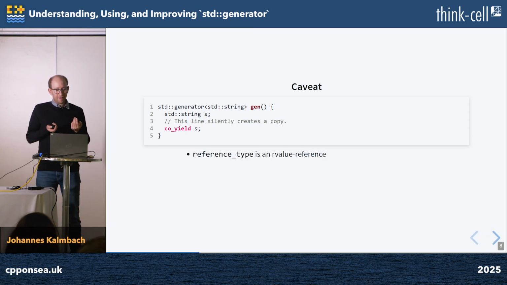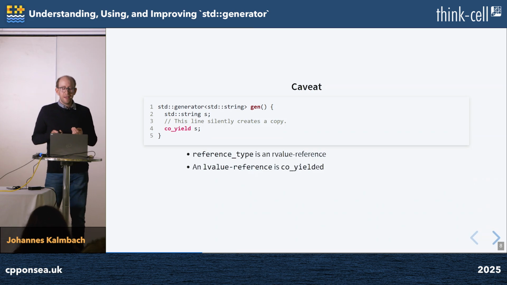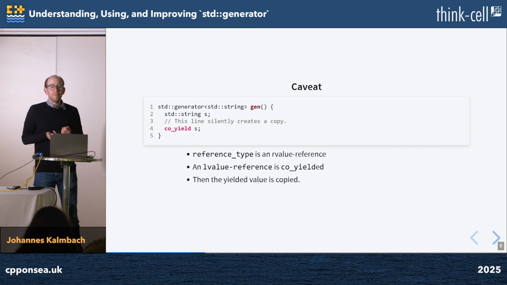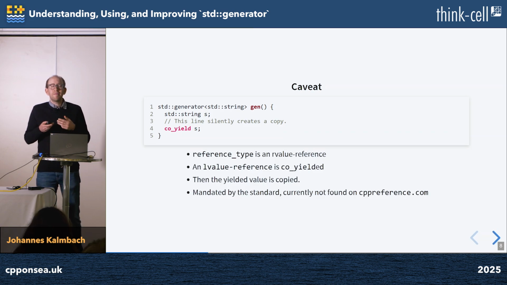So something has to happen here. We have the scenario: our generator needs an R-value reference, we yield an L-value reference, and then the yielded value is copied. This is not inherently automatic; it's explicitly mandated by the standard.